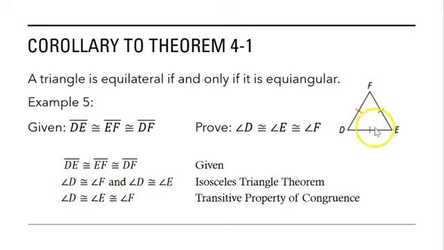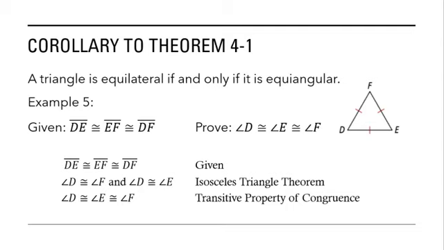Then I took another pair of sides and wrote the two angles across from them as congruent. So that's the isosceles triangle theorem. Then I just used the transitive property of congruence to say if D is congruent to F and D is congruent to E, then all three angles are going to be congruent. And that's my proof.